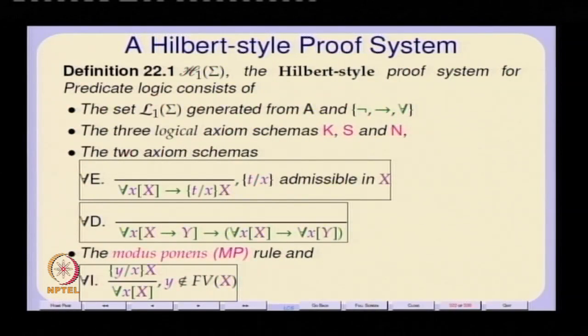So it means it might have other quantifiers, provided no variable of t gets captured by a quantifier in X. So that is what this admissibility is. I think I defined admissibility in some earlier lecture.